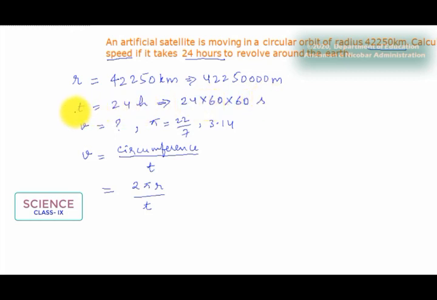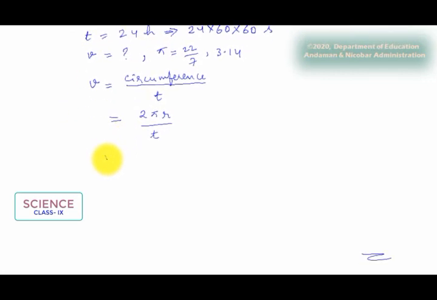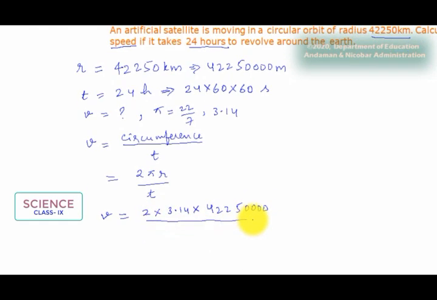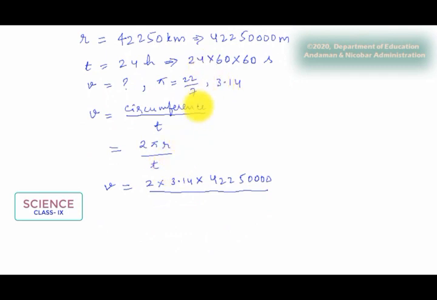Now by substituting the value of radius, time and pi, we can get v, speed of the artificial satellite, is equal to 2 into the value of pi, which we will take as 3.14, multiplied by radius, which is 42,250,000, divided by time, which is 24 into 60 multiplied by 60, meter per second.